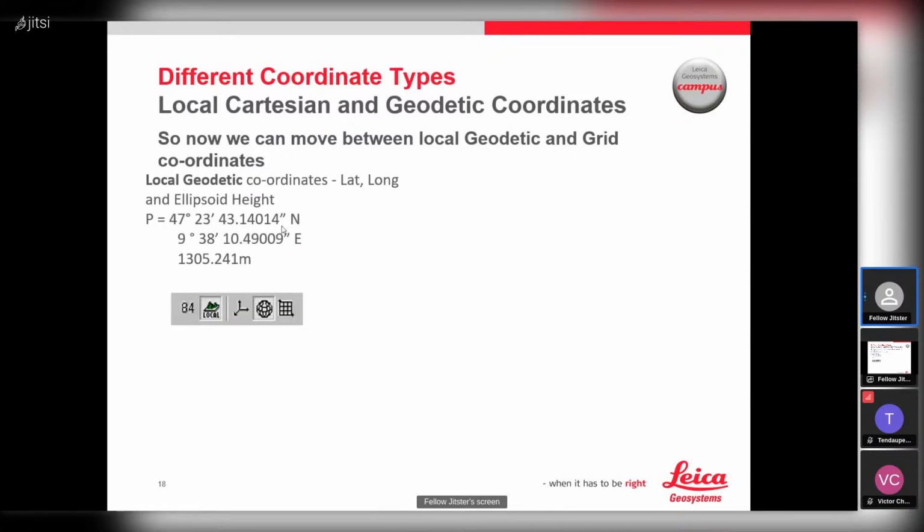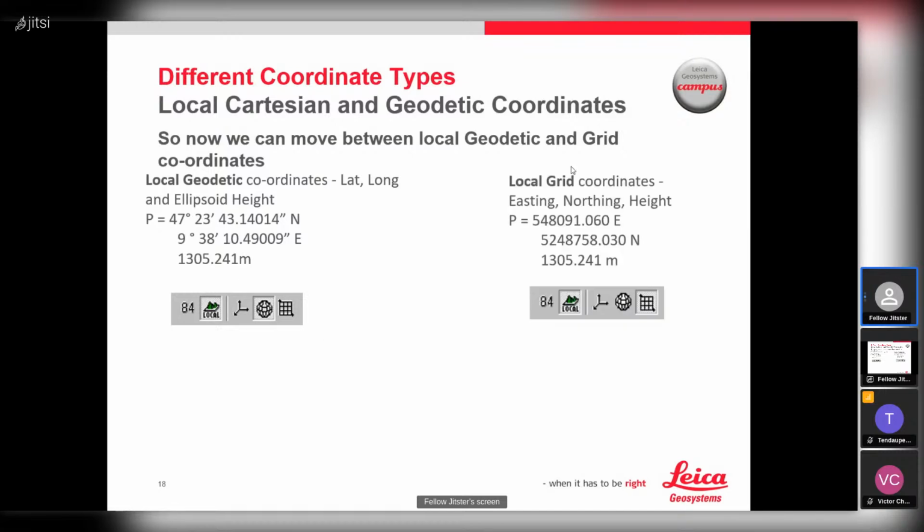So once again, if we go from these local geodetic coordinates, latitude, longitude, and height, to local grid, typically easting, northing, and height, then what you need to know are the parameters of the projection.